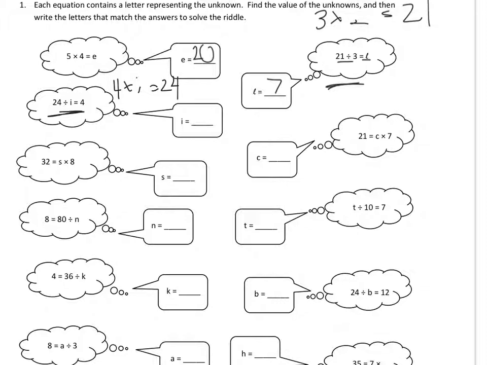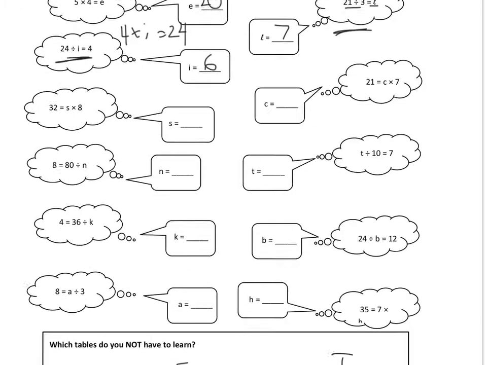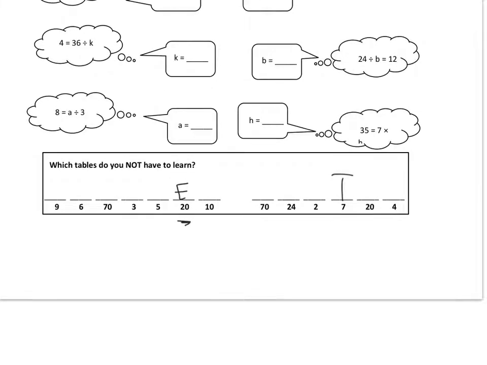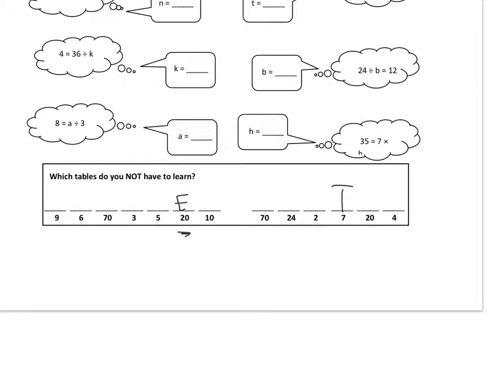I have 6 fingers up. So 6 4s equal 24. 4 times 6 is 24. We're going to go find the 6 down here. And we're going to write I. Okay, I'm going to let you go ahead and finish the rest of this puzzle and see if you can figure out what it is that it's saying.